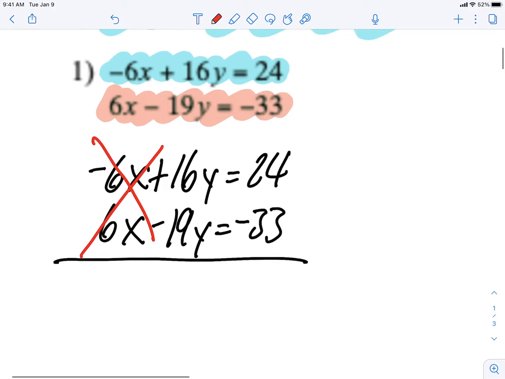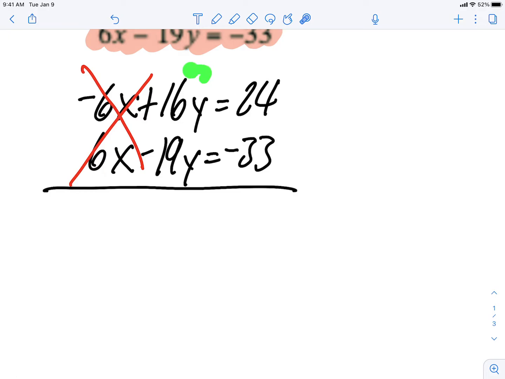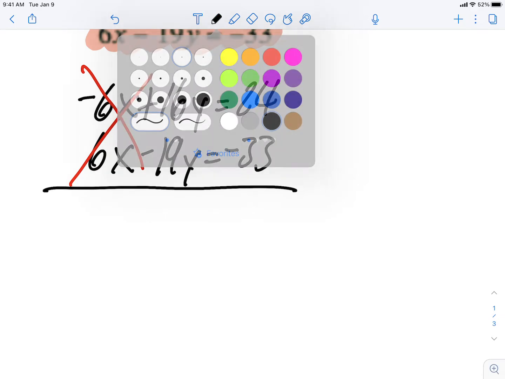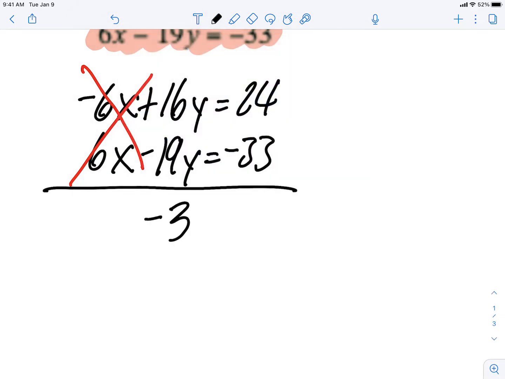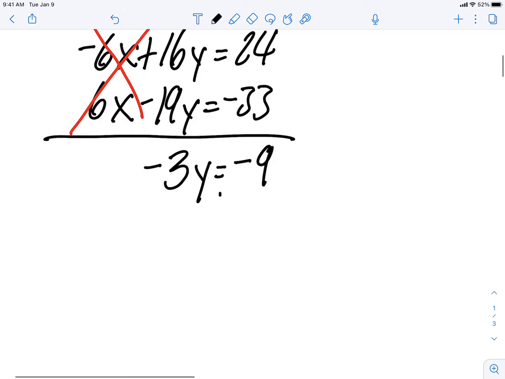No need to do anything to either one of these equations, no need to multiply. Positive 16y and negative 19y give me negative 3y. Positive 24 and a negative 33 gives me negative 9. I draw my line of separation.